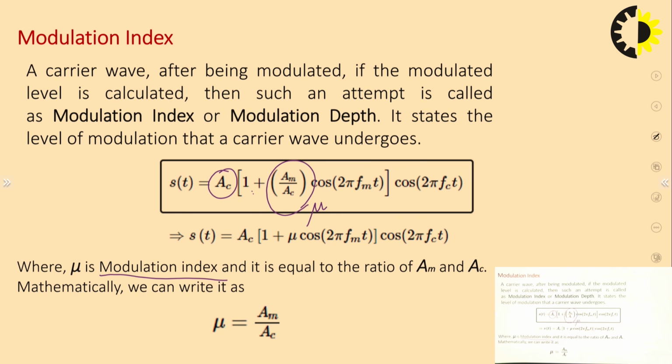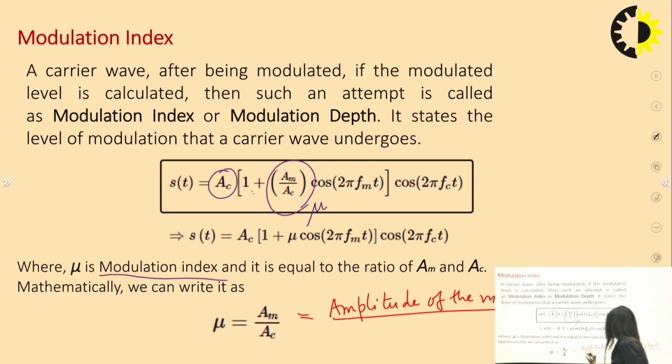Modulation index is the amplitude of the modulating signal upon the amplitude of the carrier signal, like this.